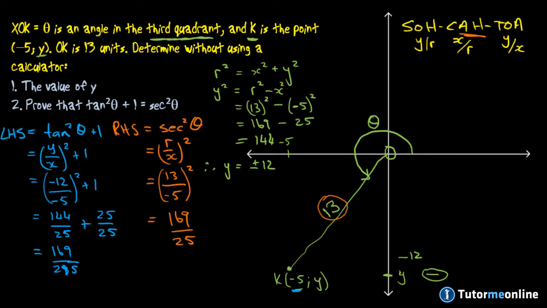And so the left-hand side is equal to the right-hand side, and we have proven that tangent squared theta plus 1 is equal to secant squared of theta.